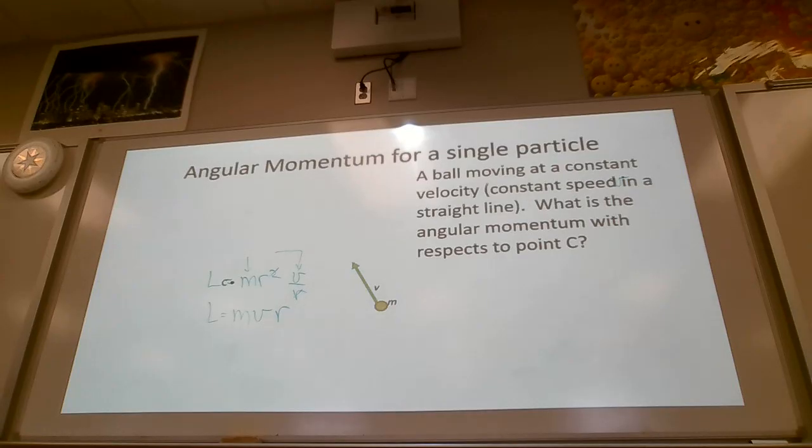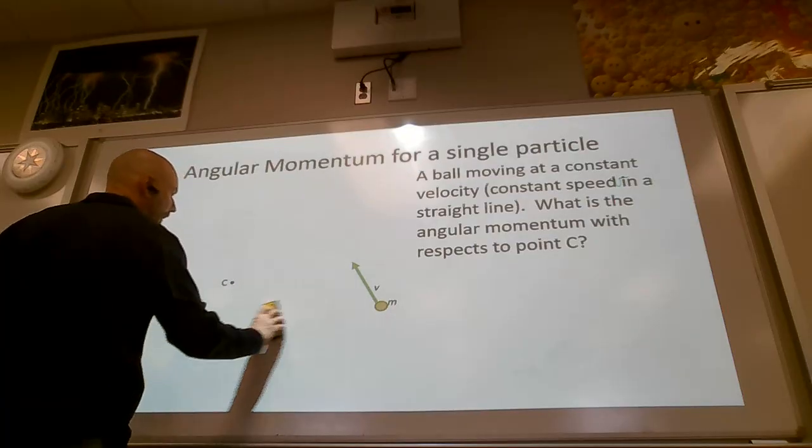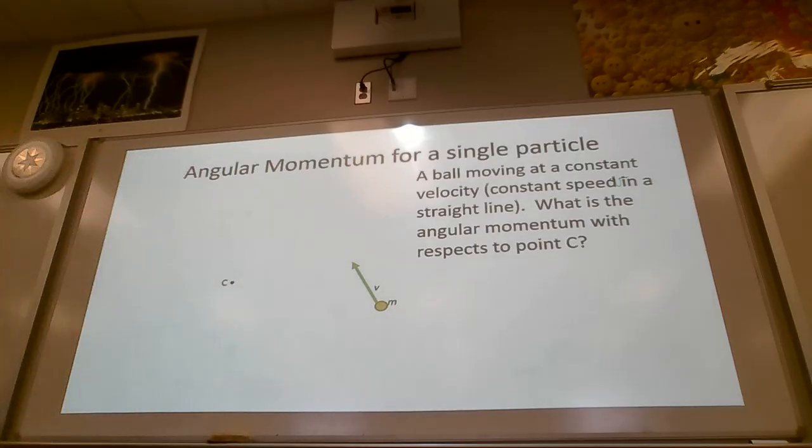The weird thing is, you have a ball moving at a constant velocity this way. What is the angular momentum about point C? We draw a line of action. We move the velocity vector as close to the axis that we're referencing as possible, which makes a perpendicular radius.